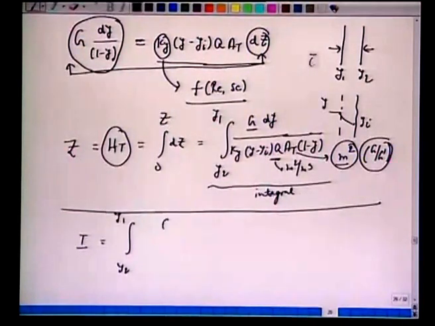Now, G over A_T we can write as G prime. That is the nomenclature we use: kg per second per meter square cross-sectional area, or moles per second per cross-sectional area. G prime over K_y a, we can rearrange to write this with (1 - y)_IM.